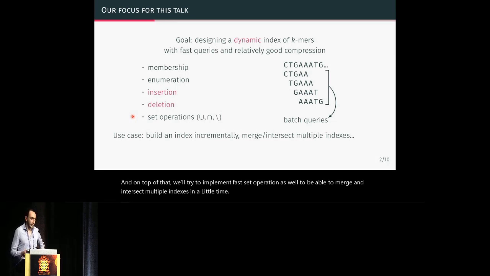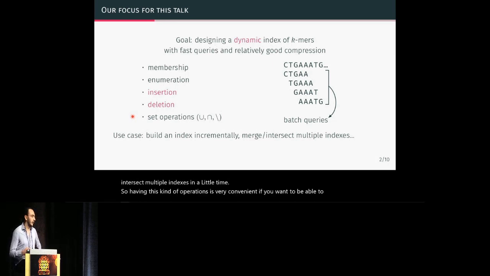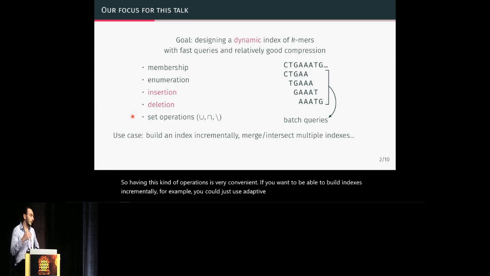Having this kind of operation is very convenient if you want to build indexes incrementally. For example, you could just use adaptive sampling and add the reads along the way by selecting which ones are relevant. Or you could just want to update your data with a new genome, for instance. So this kind of data structure allows it.